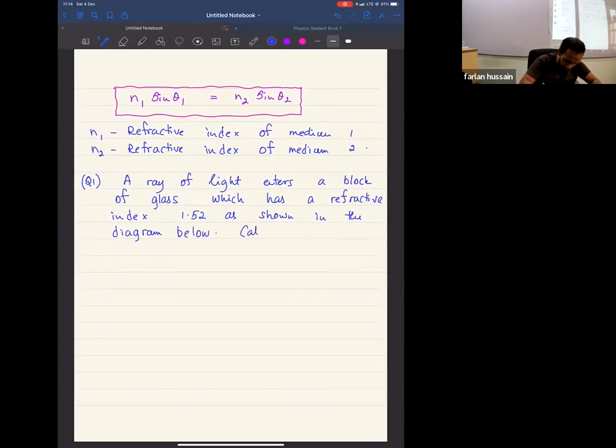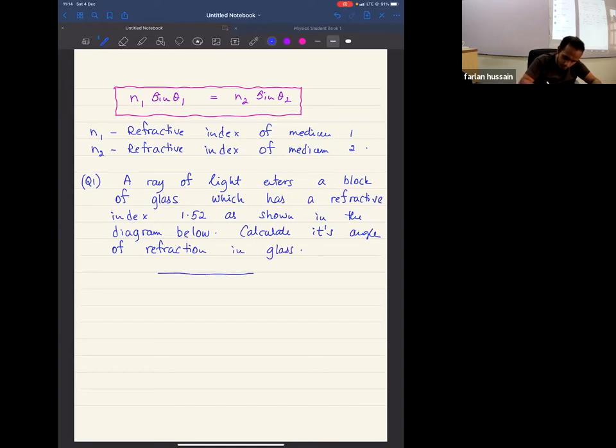Calculate its angle of refraction in glass.